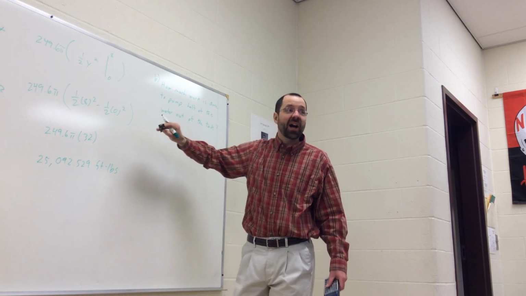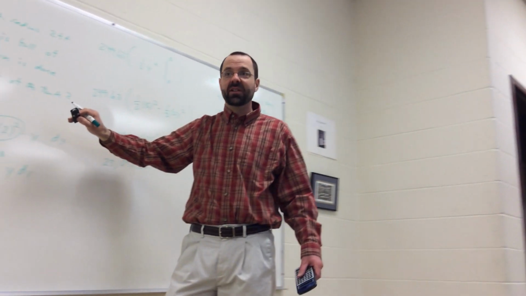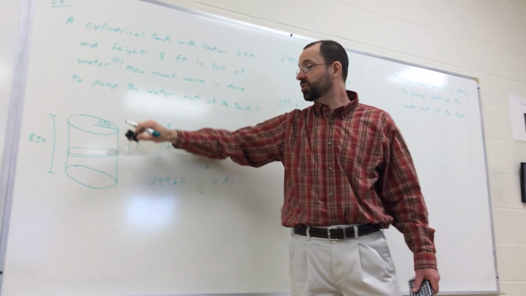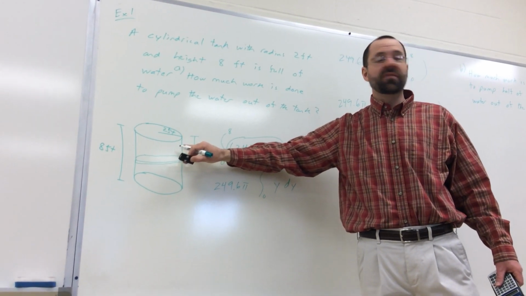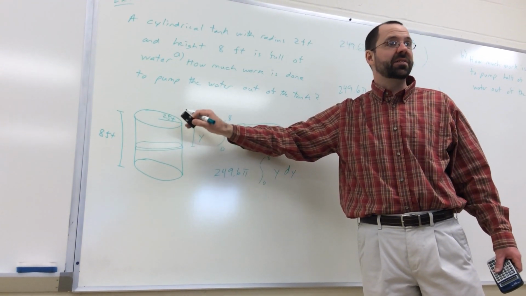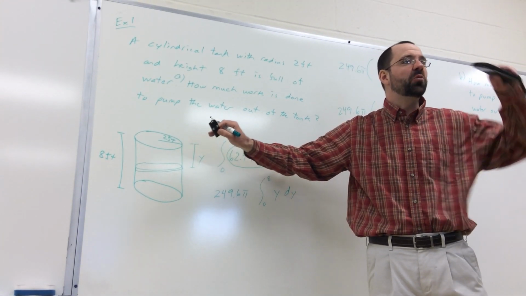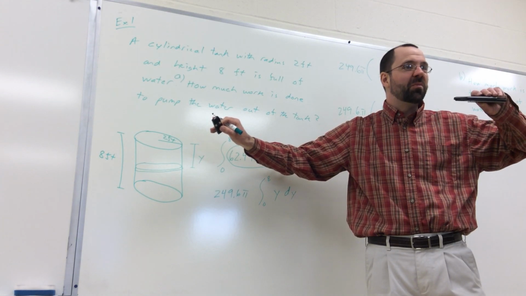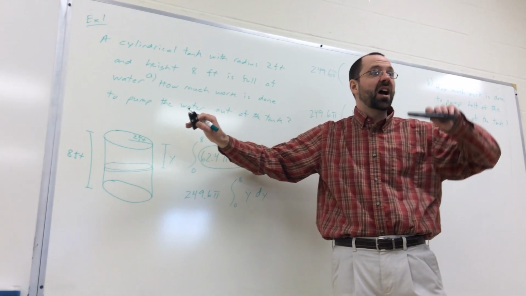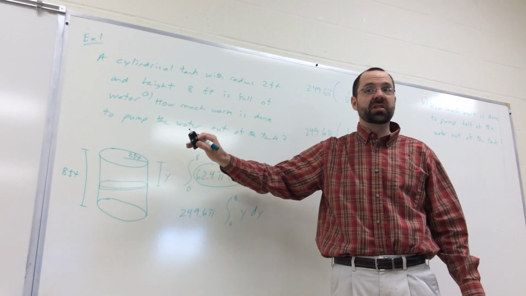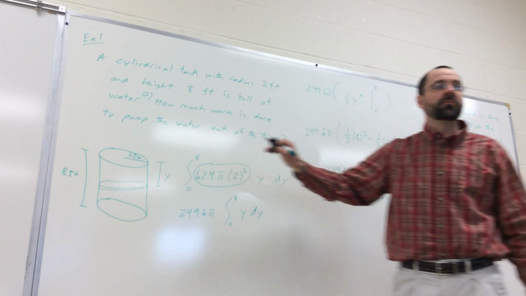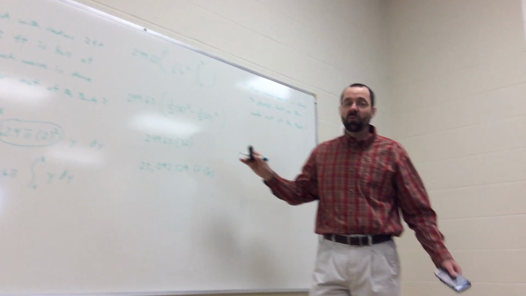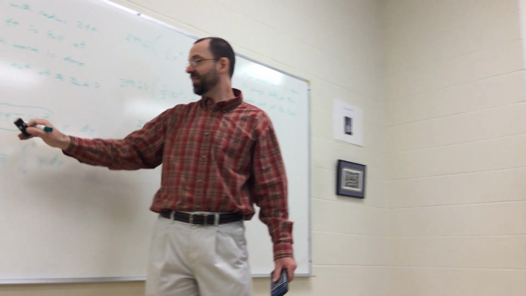Because the water at the bottom of the tank is a lot harder to pump out of the tank as opposed to the water at the top, because you have to move the water at the top less distance. That's why we want this floaty hose pump sort of thing that stays on top of the water. It saves us a lot of energy. Okay, so all we're going to do to do the top half is the exact same problem.